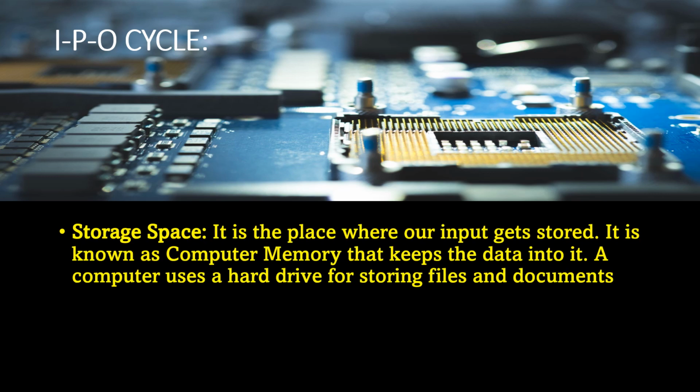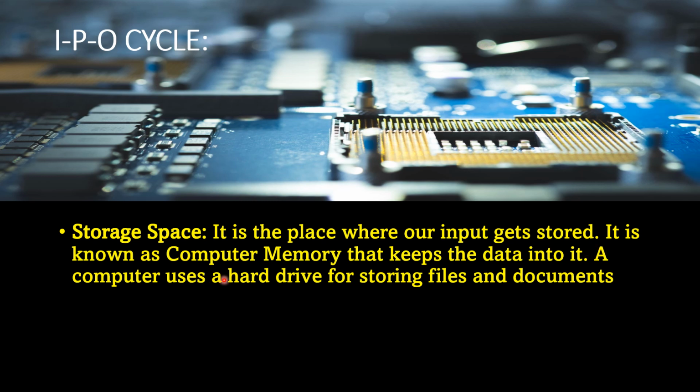Let's move to the storage space. Like human beings, a computer also has a brain called a CPU, and in human beings all the memories get stored in our brain, which has some memory that keeps all the data. In our computer also we have storage space. That is the place where our input gets stored.